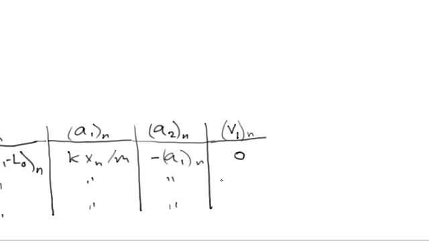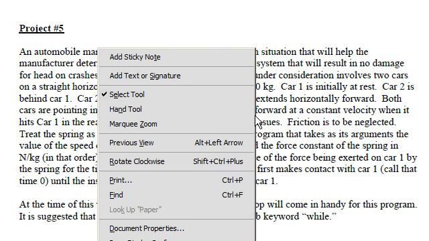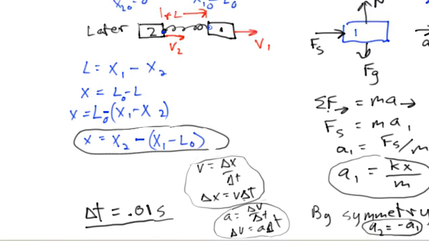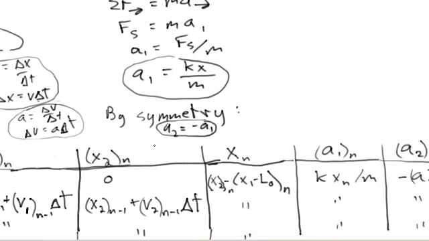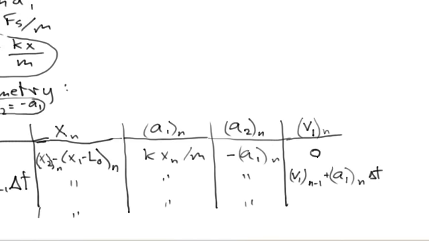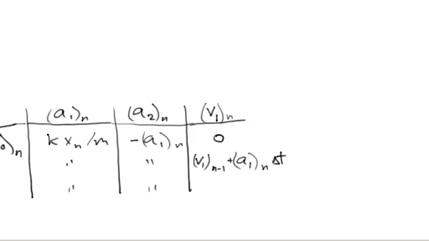So it's going to be the previous one, V1 n minus 1, plus the acceleration times the time. In other words, I'm just using the definition of acceleration: A1 nth value times delta t. That's the little formula that I had up here. Delta v is a times delta t. So the new velocity is the old velocity plus the delta v, which is a delta t. The new velocity is the old velocity, the one before it, plus a times delta t.